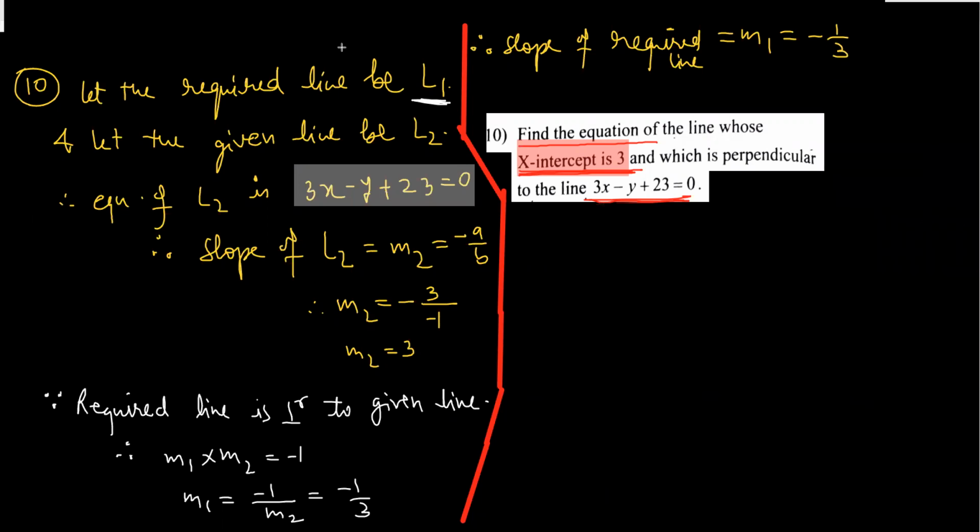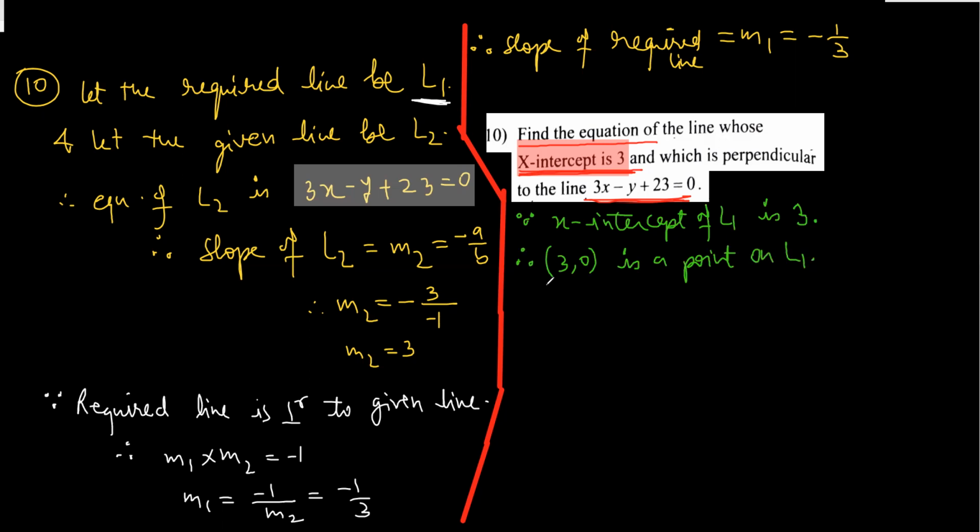Here, what I'm given is the x-intercept of the required line. It is clearly said that the x-intercept is 3. So I will write: since the x-intercept of the required line L1 is 3, therefore (3, 0) is a point on L1.